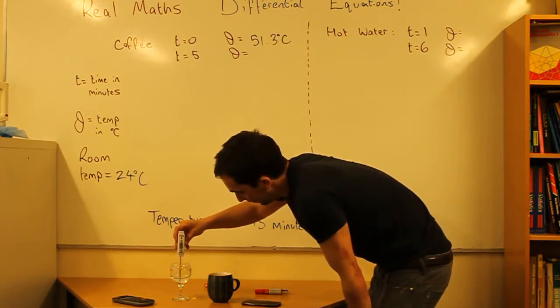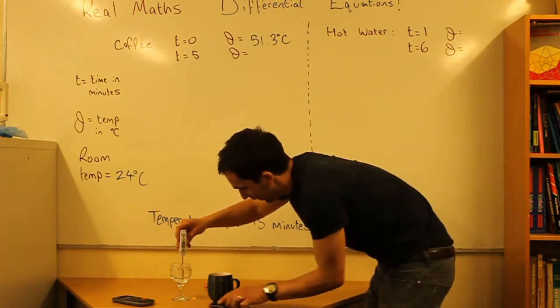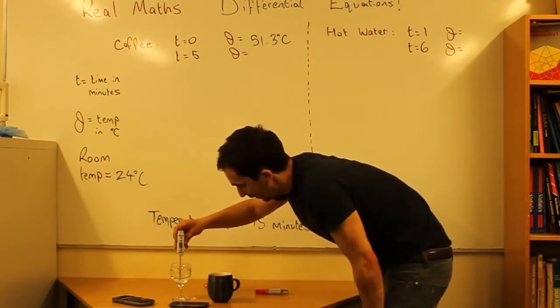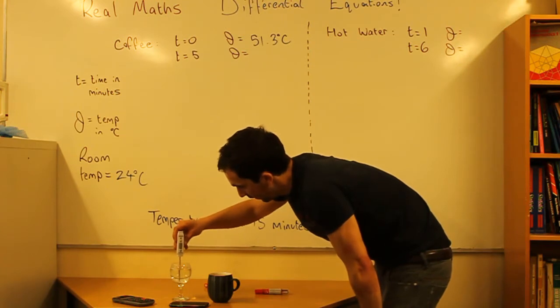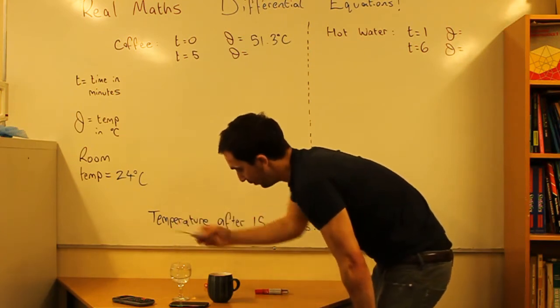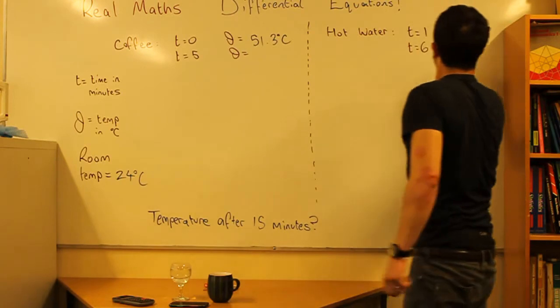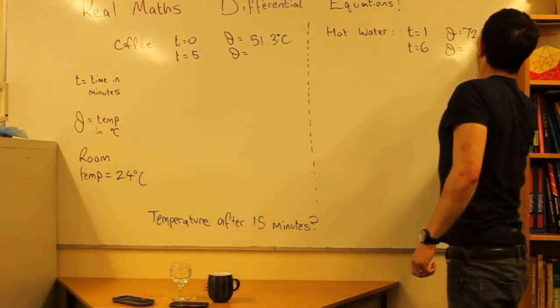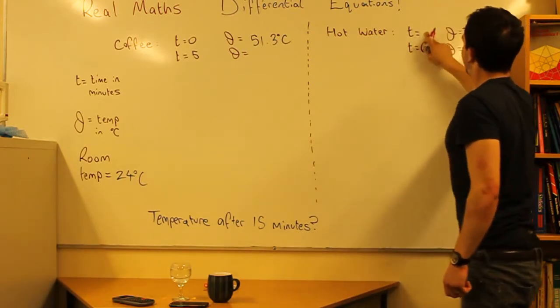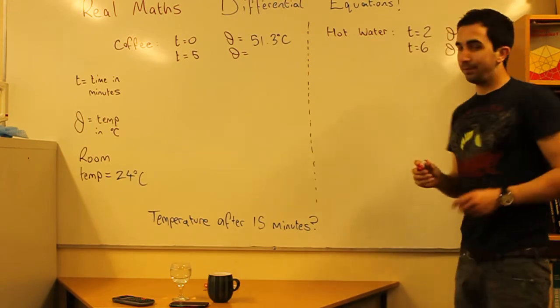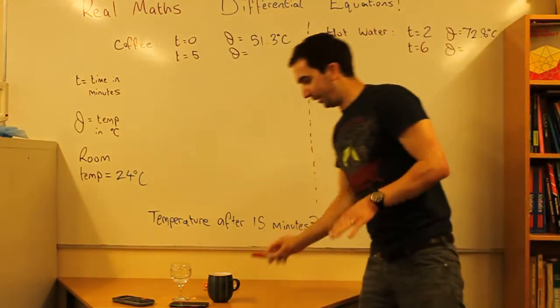One minute 50, 51, 54, okay, 72.8. So our hot water was 72.8 degrees at 2 minutes. Okay, we've just fudged it a little bit.